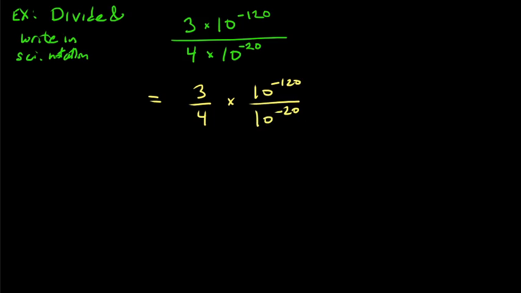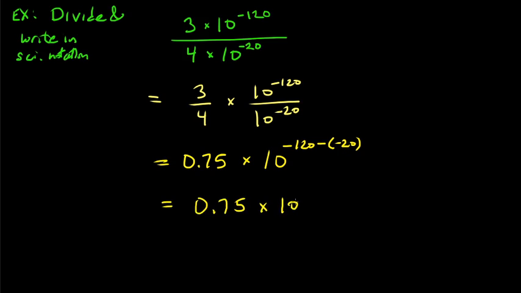Okay, so the 3 over 4 is just 0.75, right, as a decimal. And now we have to be careful here, right? This is going to be 10 to the power negative 120 minus negative 20. So it's really negative 120 plus 20, right, which is negative 100. So 0.75 times 10 to the negative 100, right?